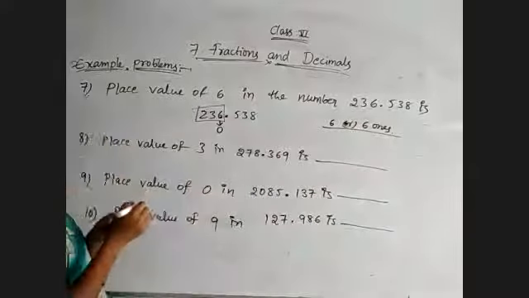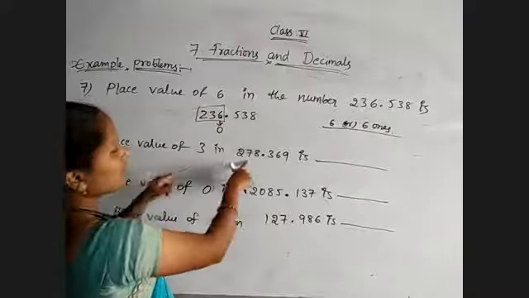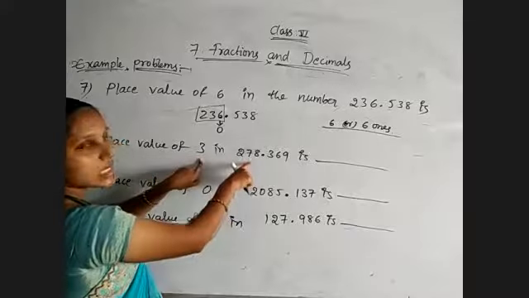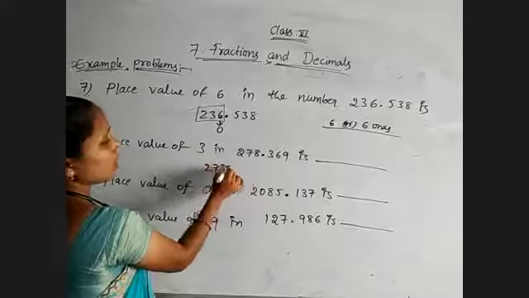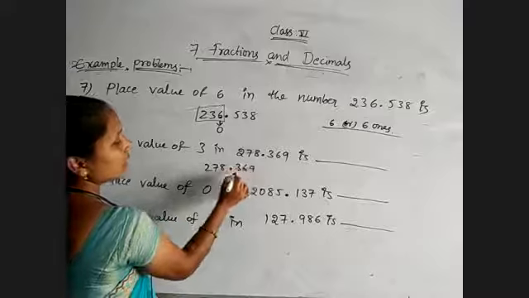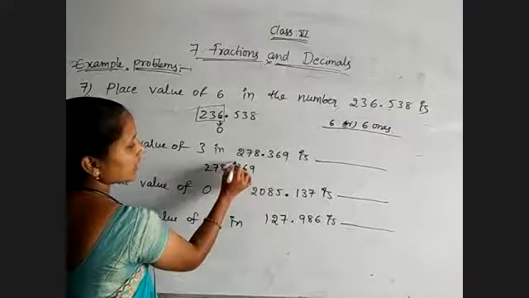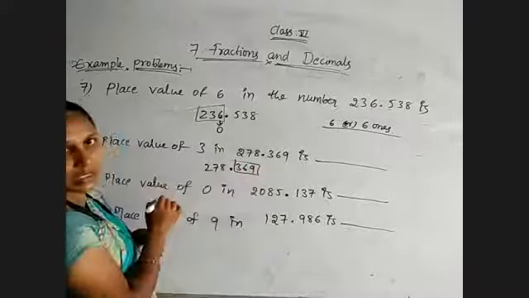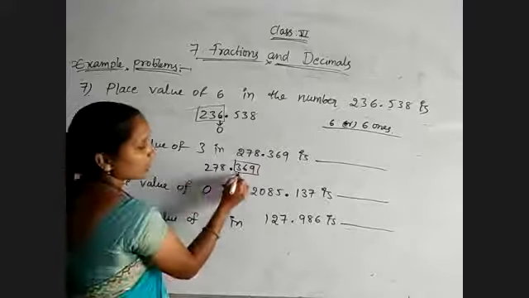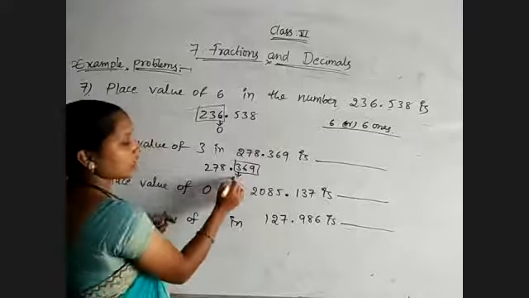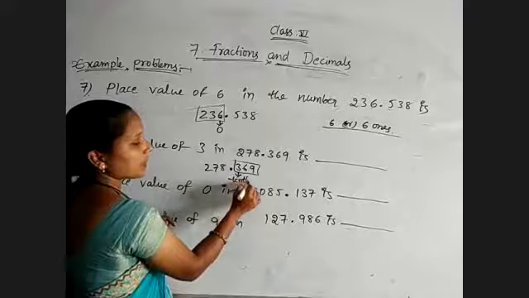Okay. And coming to the next number, place value of 3 in this number, 278.369. Here 3 is in the decimal portion, decimal part. So 3 is the first digit. First digit means it is occupying tenths place.